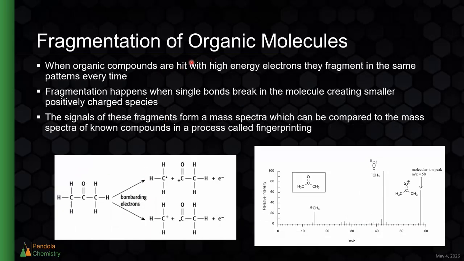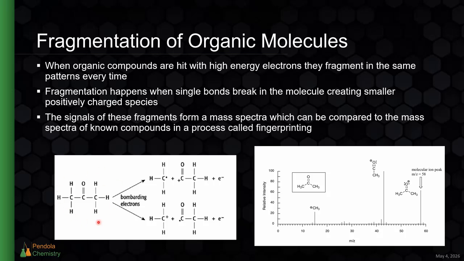When an organic compound is hit by a high energy electron, it fragments, is what we call it. Essentially, that fragmentation happens in the same pattern every time we do this. It's predictable. It's always going to look the same. It essentially happens when a single bond breaks in a molecule, and it's going to create smaller, positively charged pieces of that molecule.